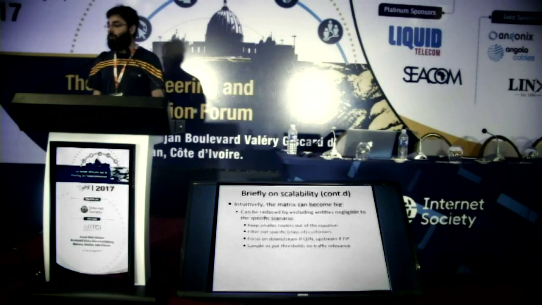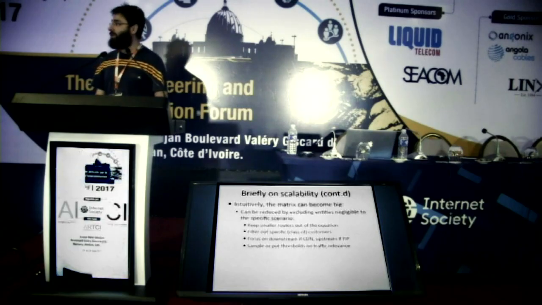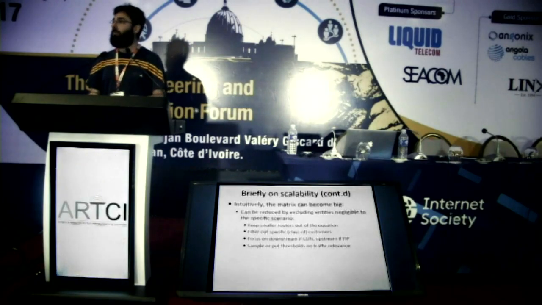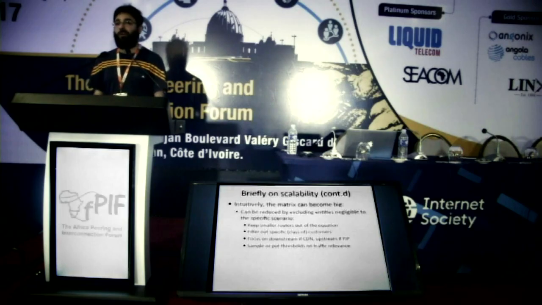Other strategies, what would they be? If you have larger routers and smaller routers in your network, imagine you have a small POP and a big POP, maybe what you are after is the big traffic flows, right? And the small router maybe will not generate big traffic flows.